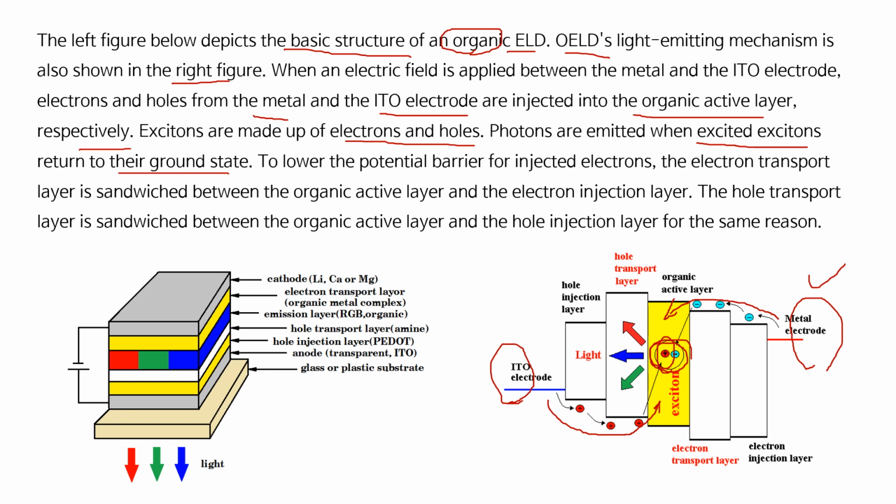To lower the potential barrier for injected electrons, the electron transport layer is sandwiched between the organic layer and the electron injection layer. So here, the electron transport layer is between the active layer and the electrode.